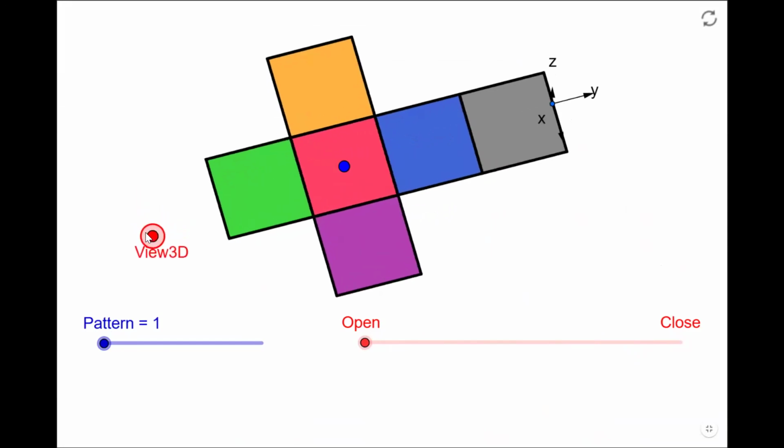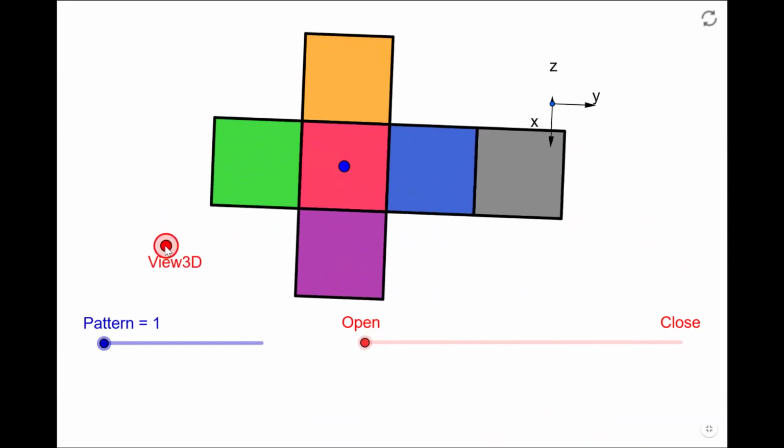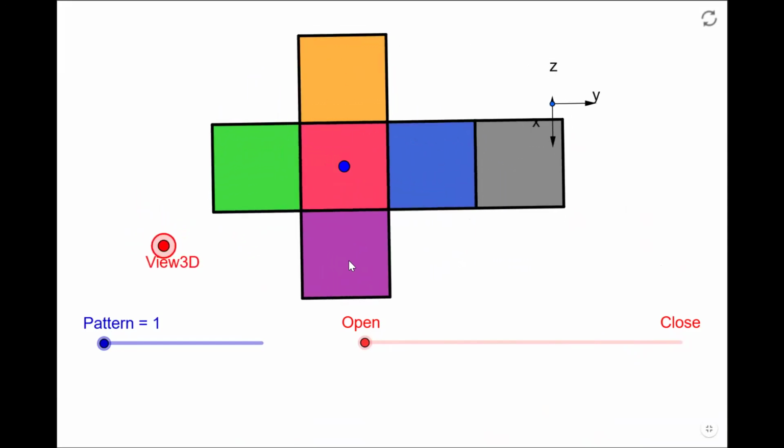You will find this pattern is 4 squares in a row and 1 square up and 1 square down. The second pattern, you will find 4 squares in a row, 1 square up and 1 also down, but the two opposite squares are not in a line.